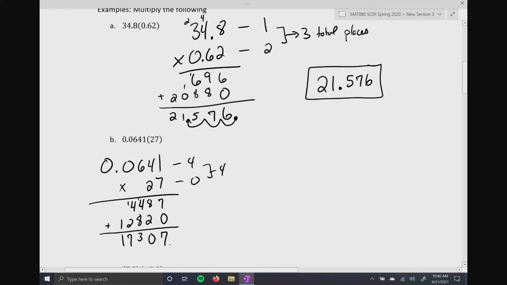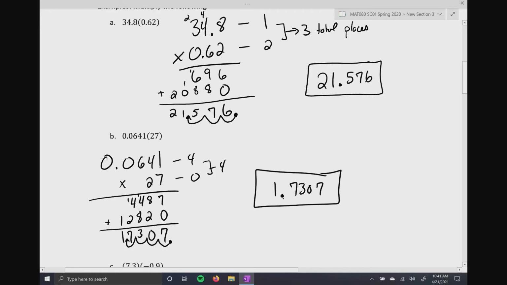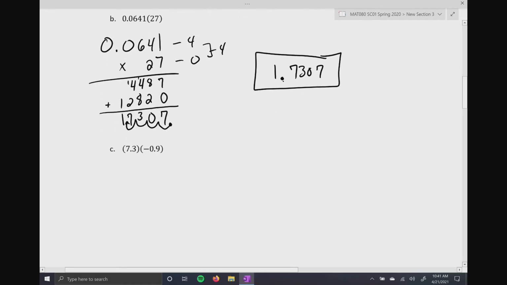So I place the decimal on the far right. 1, 2, 3, 4 places to the left. And there's my final result. Are there any questions with how I did that? All right. I want you to do the next one.